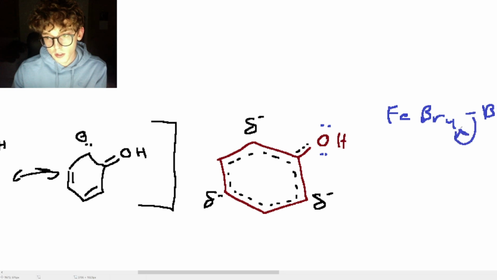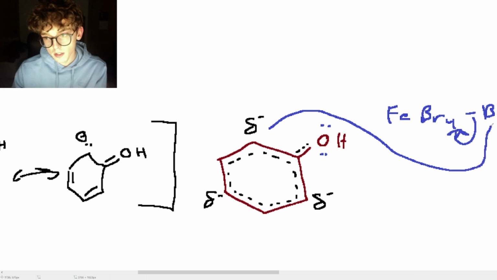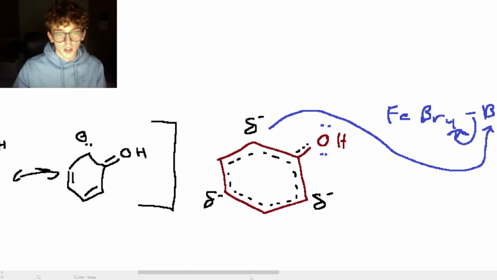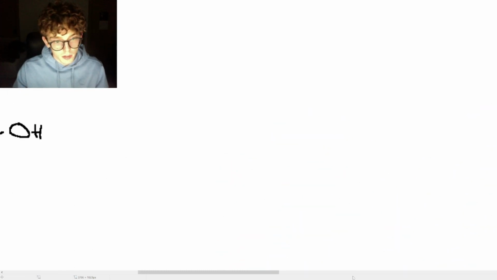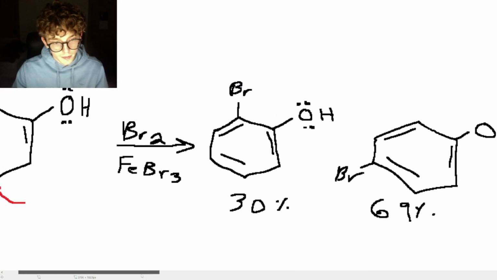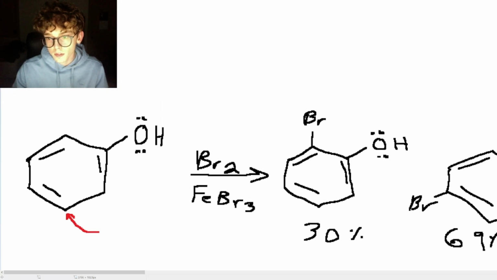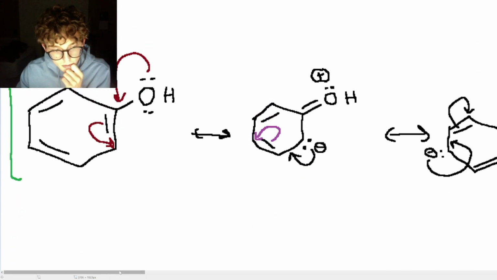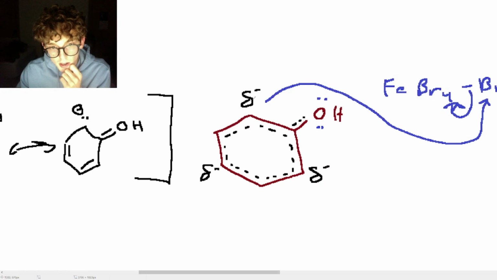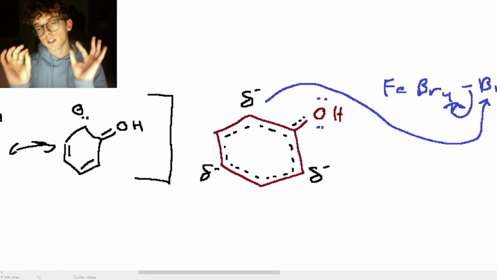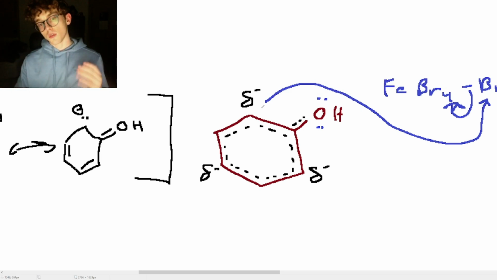That's going to break this way, and some of these are going to come out like this and steal that bromine, and that's the reaction we saw up here, right? That's what I'm trying to get at. So why we get that selectivity is directly because of this resonance structure having negative charges defined at certain points in the ortho and para position.